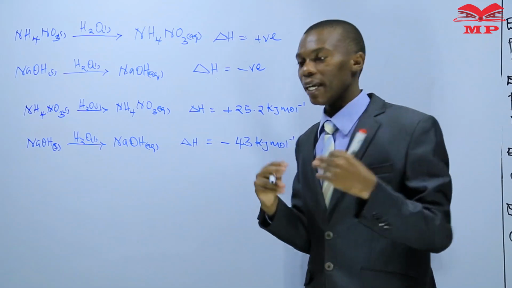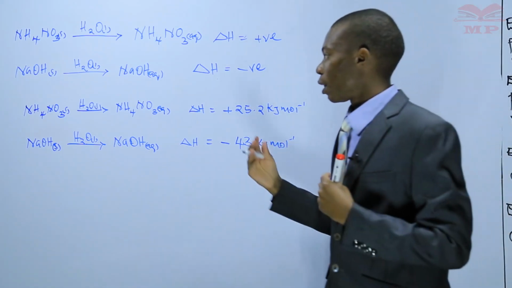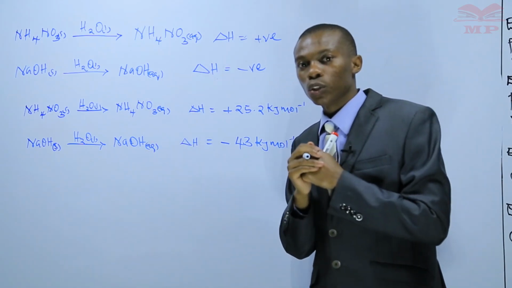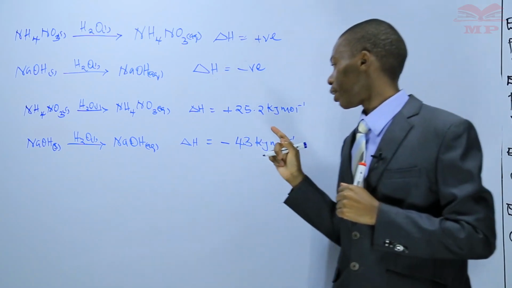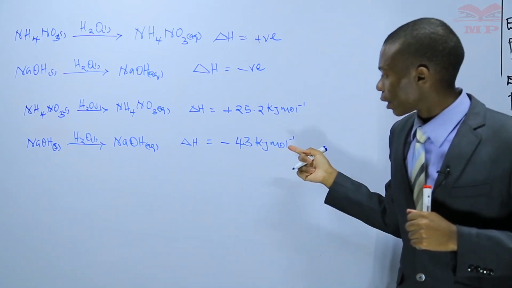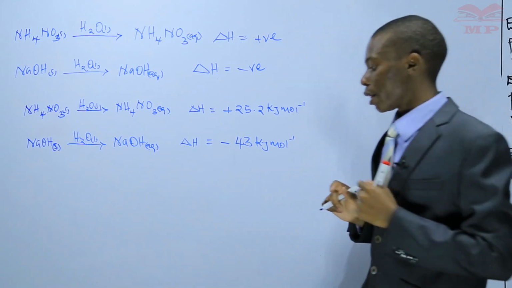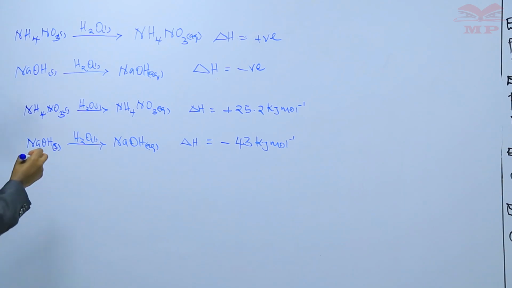The energy which has been gained from the surrounding is 25.2 kilojoules per mole. Then when you dissolve 1 mole sodium hydroxide in water, you will get 43 kilojoules lost to the surrounding.